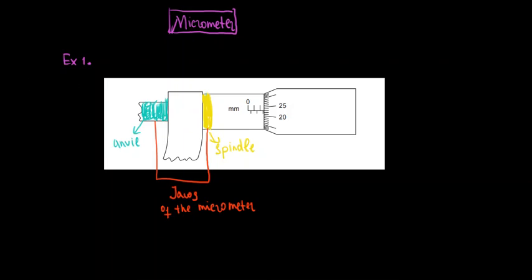So how will we do this? I'm going to show it. If I represent the length of this object between point A and point B, I have to draw a line connecting these 2 points together. This is going to be the length of this object between anvil and spindle.